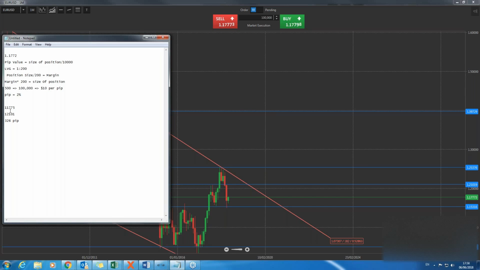So that would be 326 pips. In terms of percentages, just like I explained before, every pip is 2%. So we're actually looking at 652%. So let's take a numeric example.